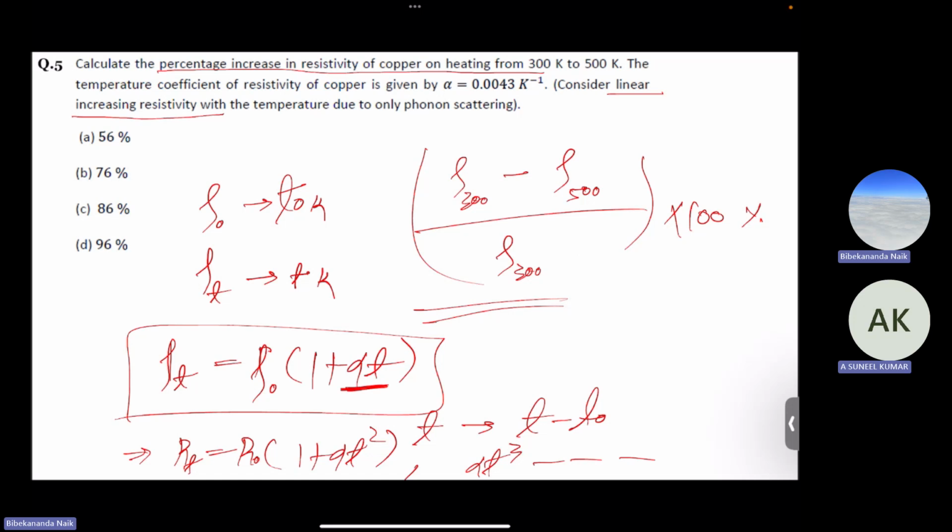Yes, so the change in resistivity will be 86%.